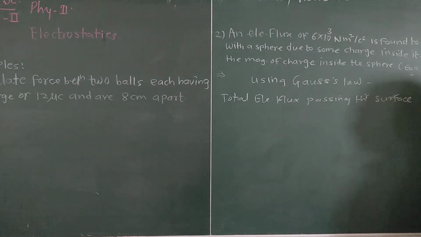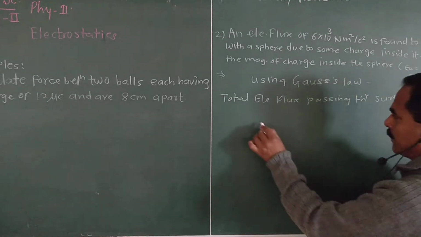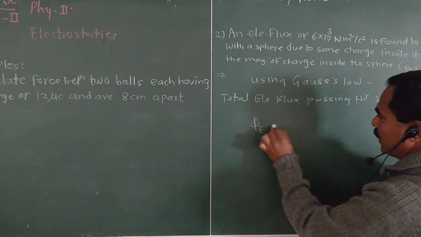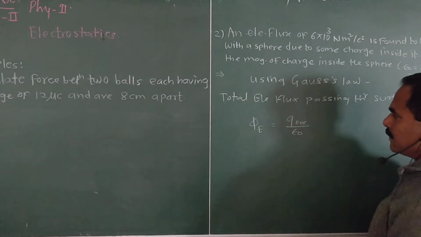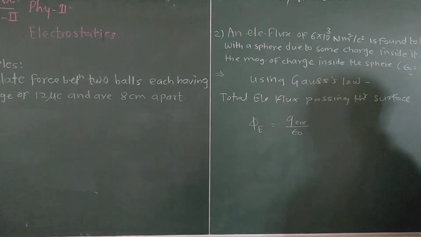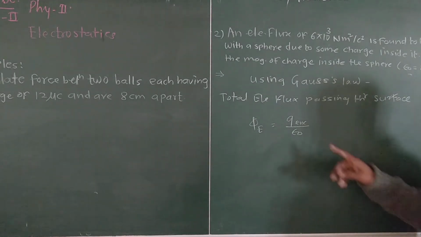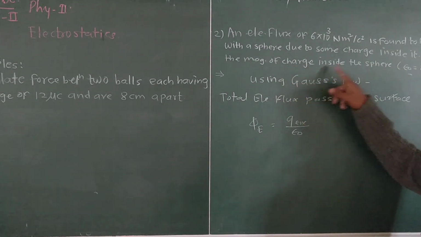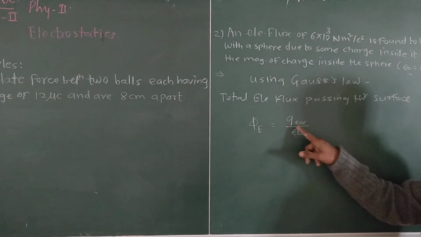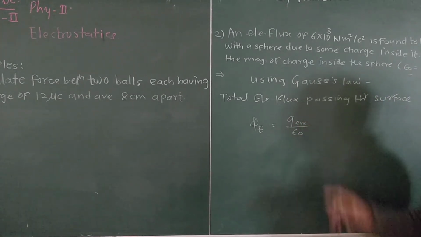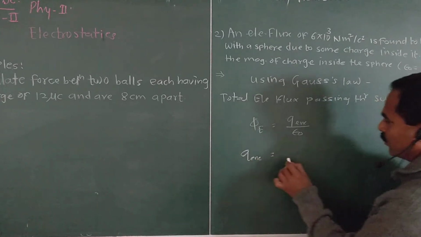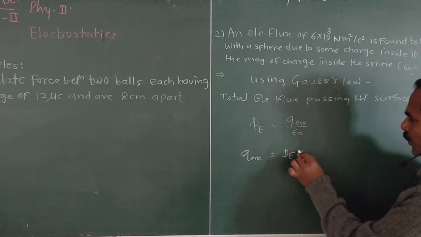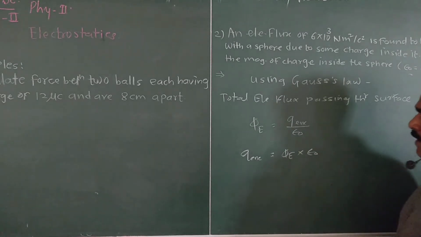The surface is closed, right? Therefore, phi E equal to Q enclosed upon epsilon naught, right? Here we have to calculate the magnitude of charge inside the sphere. That means we have to calculate the value of this Q. So right here, Q enclosed equal to phi E into epsilon naught.